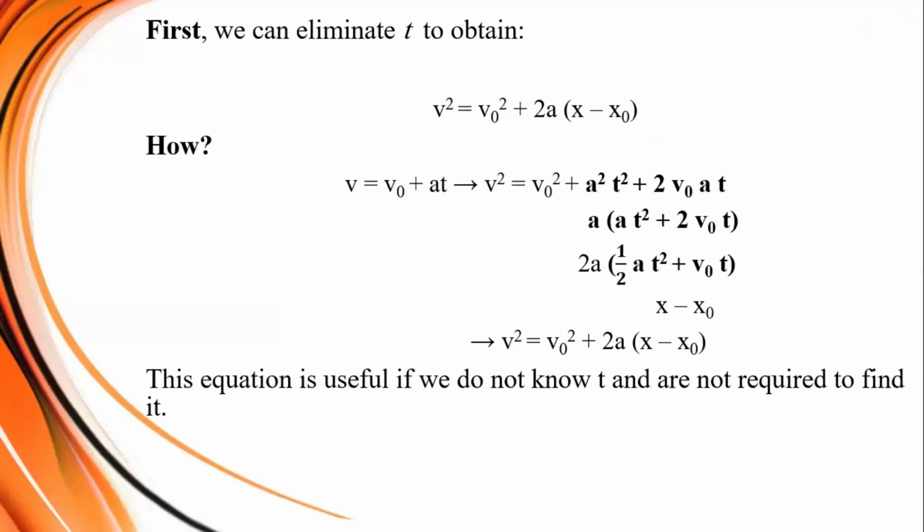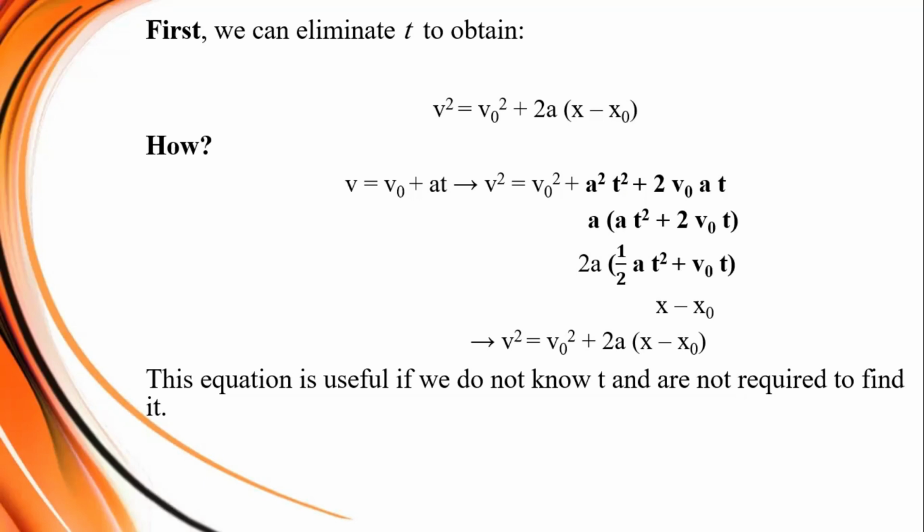First, we can eliminate t to obtain the equation v squared equals v0 squared plus 2a(x minus x0). And how? We have the equation v equals v0 plus at. Then we square both sides. We will have v squared equals v0 squared plus a squared times t squared plus 2v0at. In the last two terms, we can put a out of parentheses and we will have a times (at squared plus 2v0t).